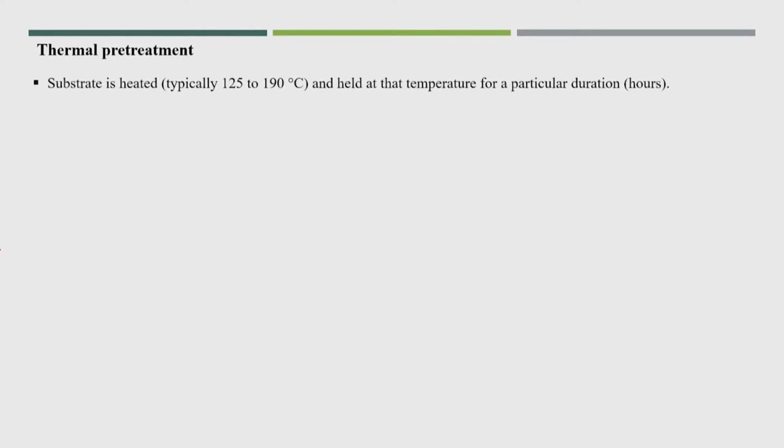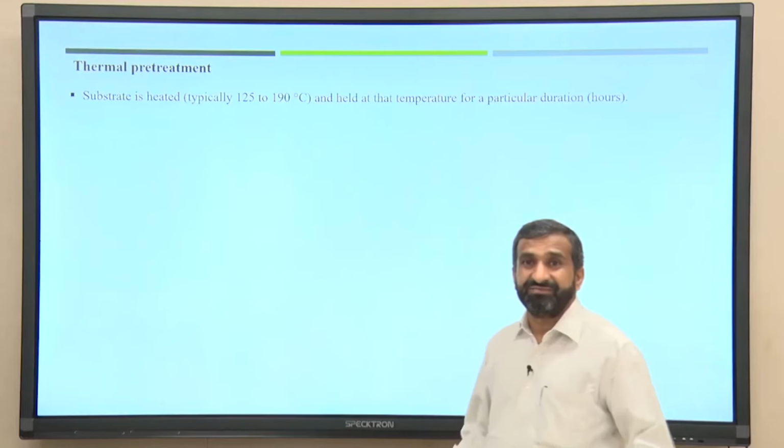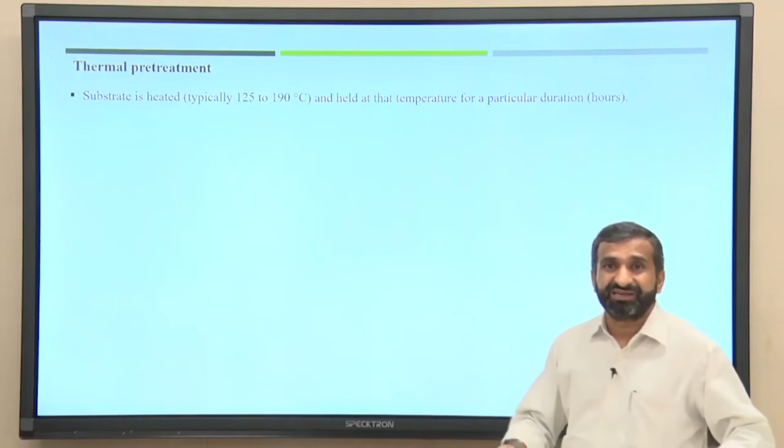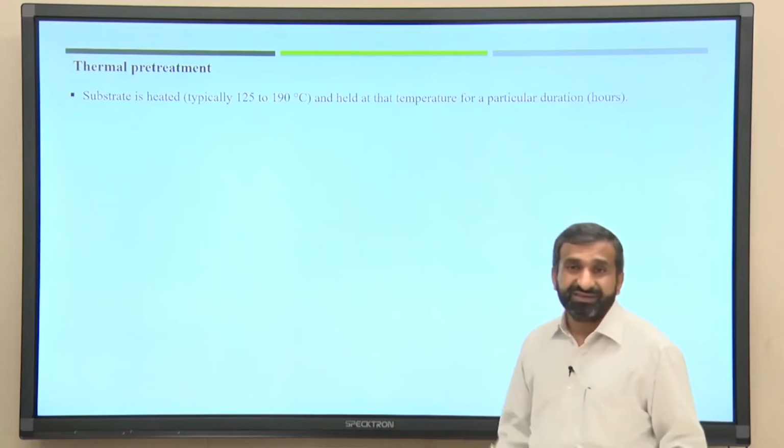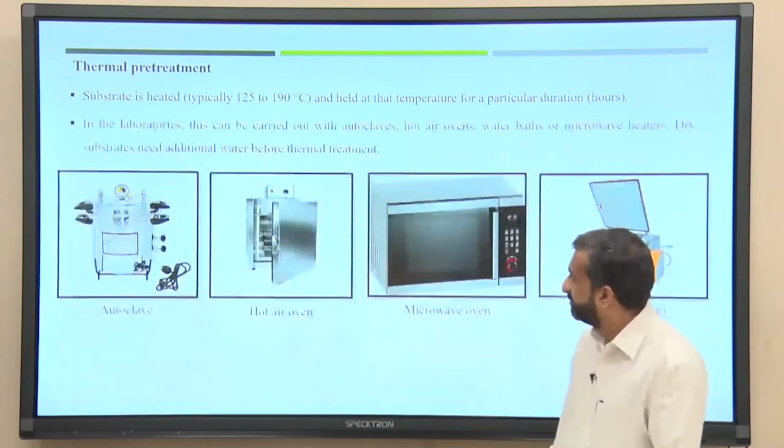So, the substrate is heated, typically to around 125 to 190 degrees centigrade, and held at that temperature for a particular duration. By heating the substrate at a higher temperature, that is the thermal pretreatment process.